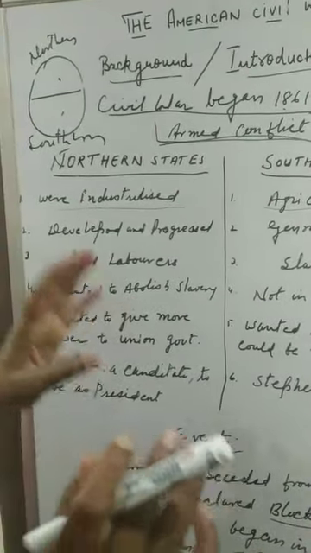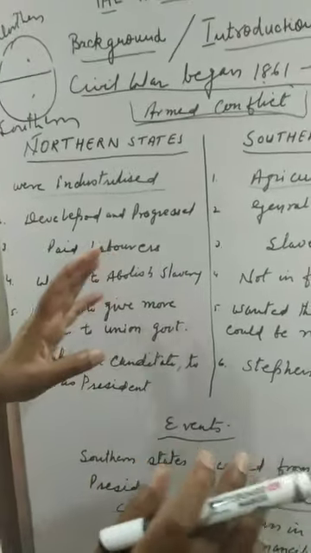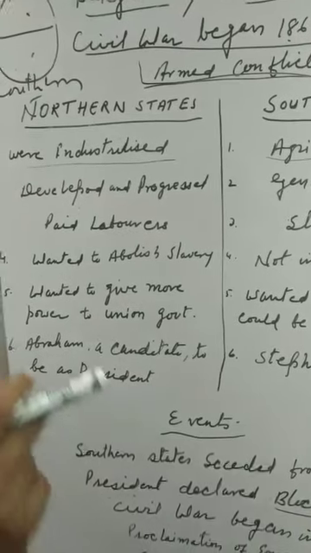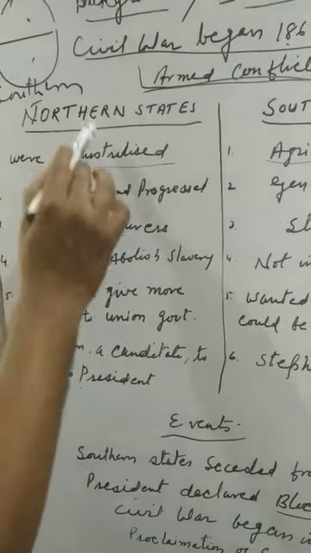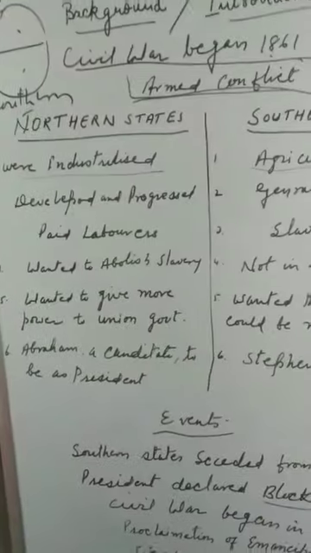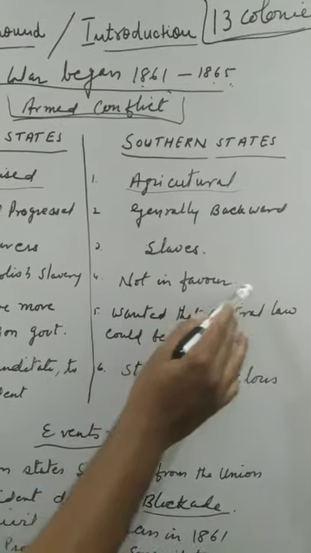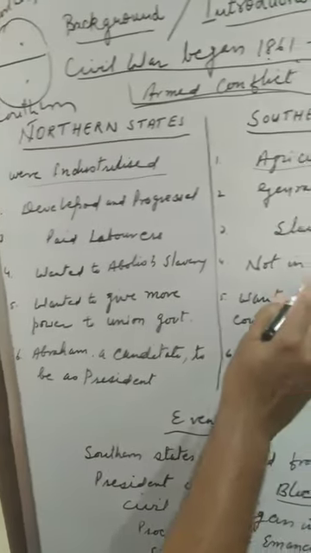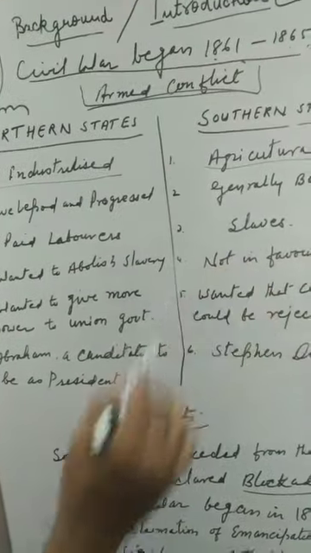They considered it a blot on Americans. Southern states were not in favor of abolishing slavery, because their whole economy depended on slaves.